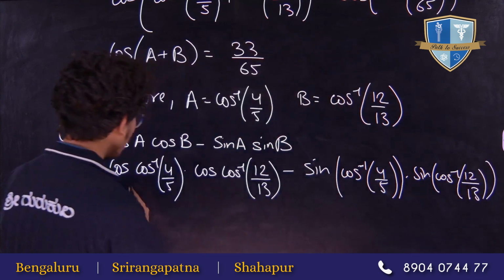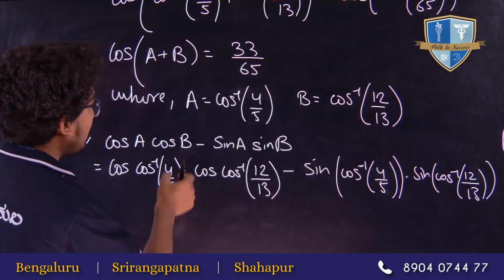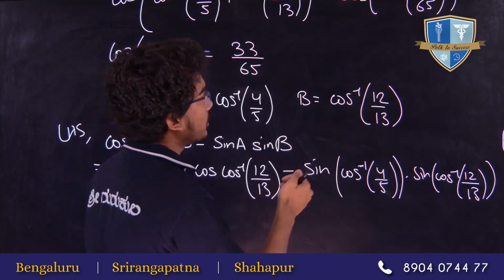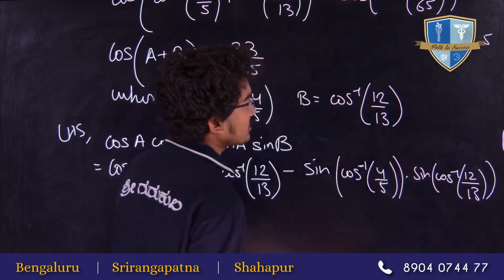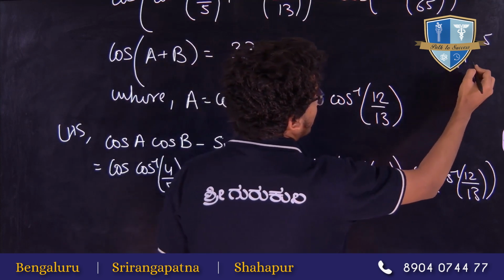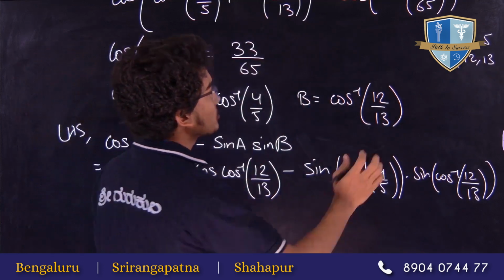So we can write A in terms of sin as well. If you remember Pythagorean triplets, 3, 4, 5 is one of the Pythagorean triplets, and 5, 12, 13 is a Pythagorean triplet. Or if you don't remember the triplet as well, you can solve it.